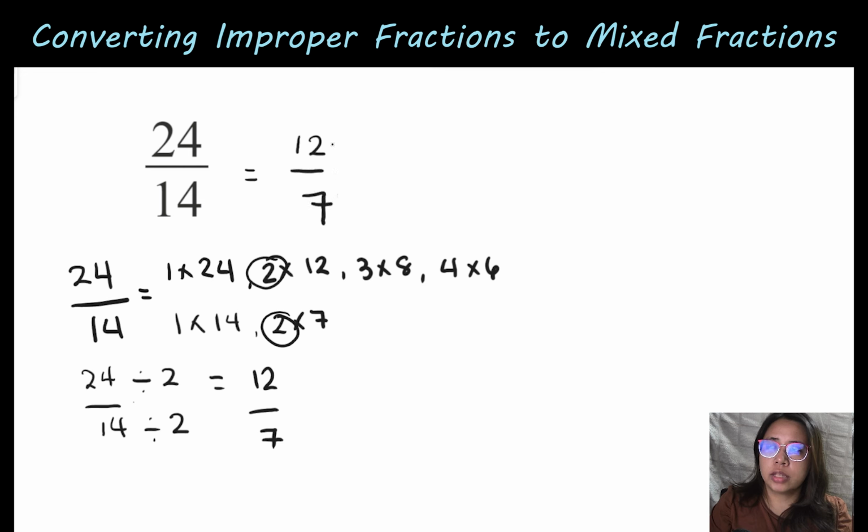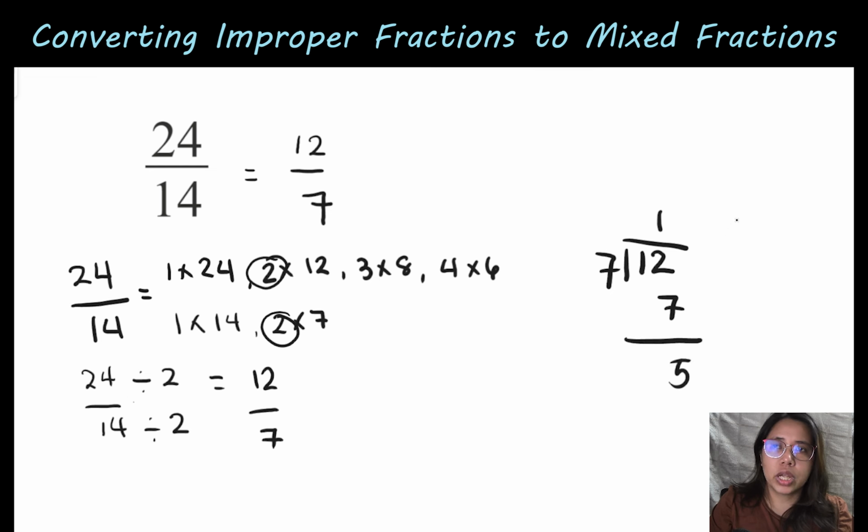Tapos, ito na yung ating i-convert sa mixed fraction. So we have 12 divided by 7. So, 12 divided by 7 is 1. 1 times 7 is 7. And 12 minus 7 is 5.